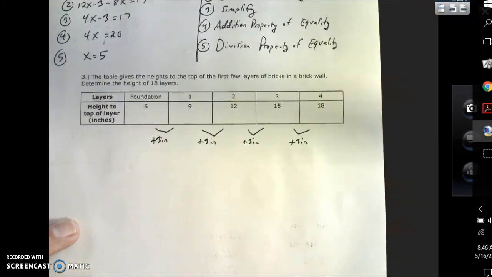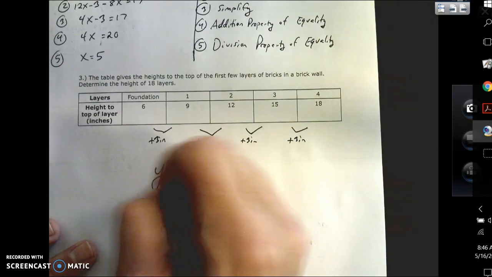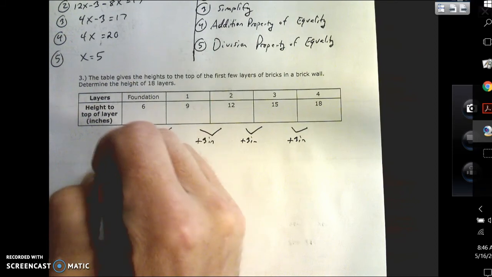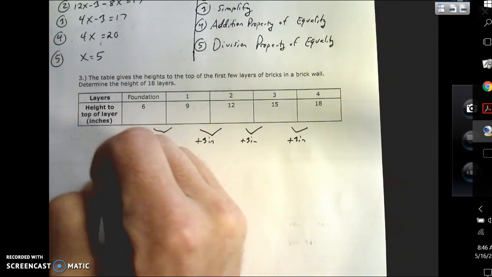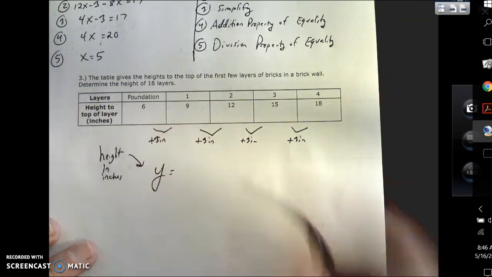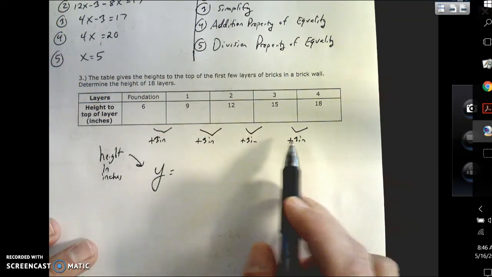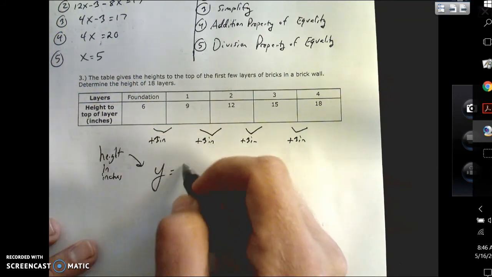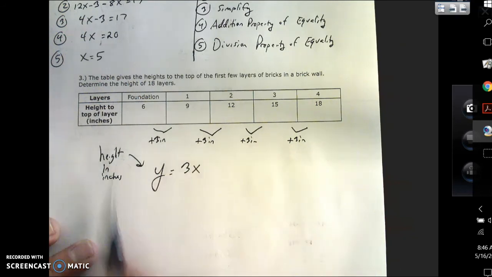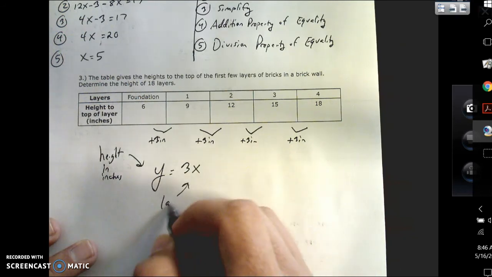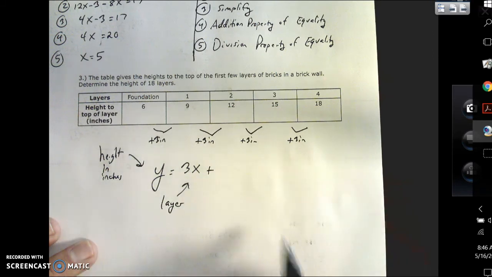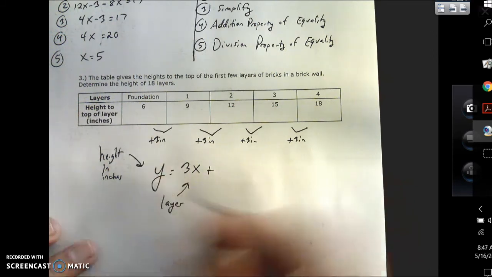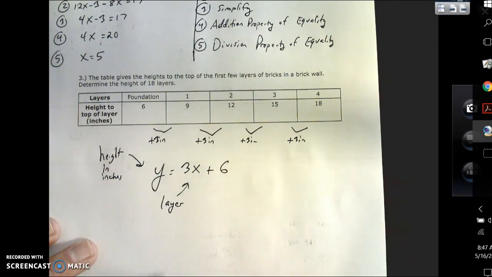So instead, I'm going to come up with an equation. I know that my height in inches is equal to, how much is it changing each time? Well, it's going up 3. So 3 times the layer. And what was my initial starting point? Boom, plus 6. Okay?